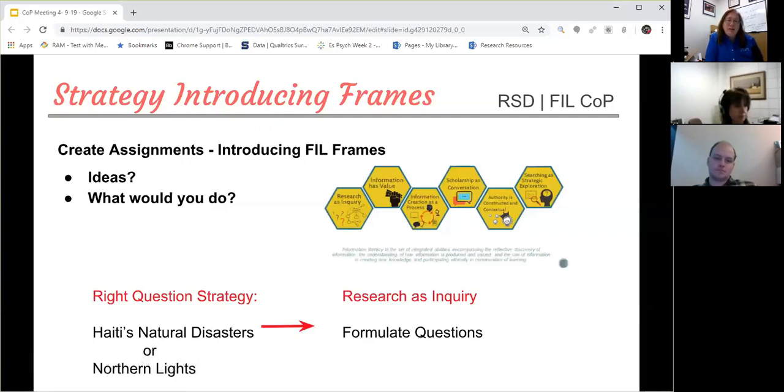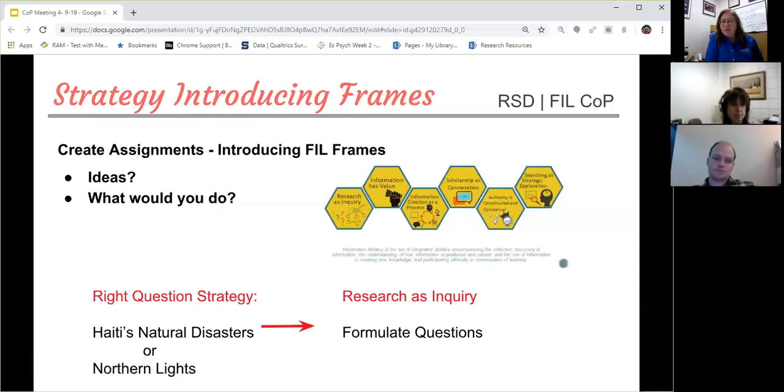But the other thing it does is, as I created this example, I have the topic, I have the assignment, but what I'm doing is I'm starting to also look at and embed the framework for information literacy.